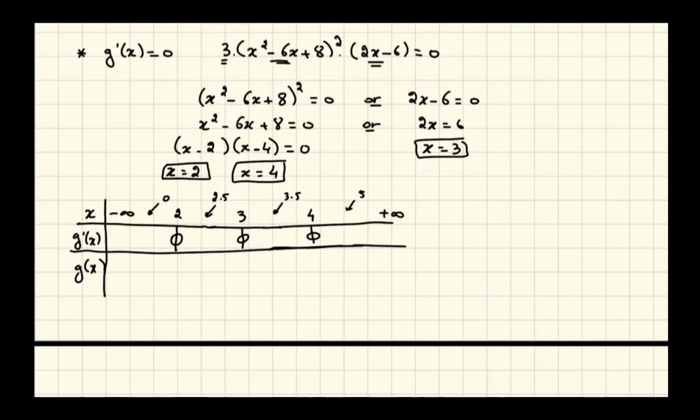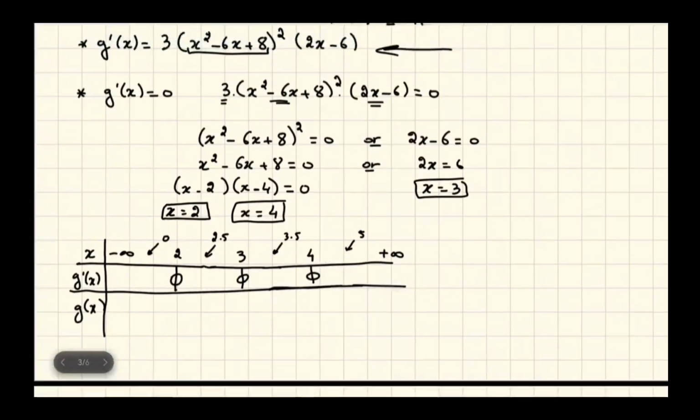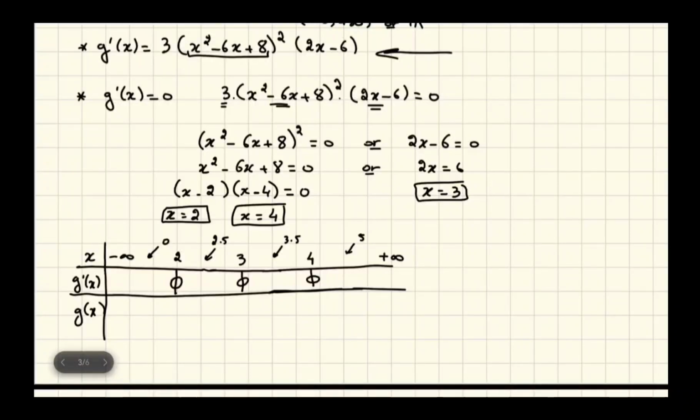Now you go back to g prime of x, which is the one we did here, and you replace these values. We don't care about the number we get, we just check the sign, if the number is positive or negative. When you replace 0, you're going to get a negative answer. When you replace 2.5, you will get negative. When you replace 3.5, you will get positive. And when you replace 5, you will get positive.